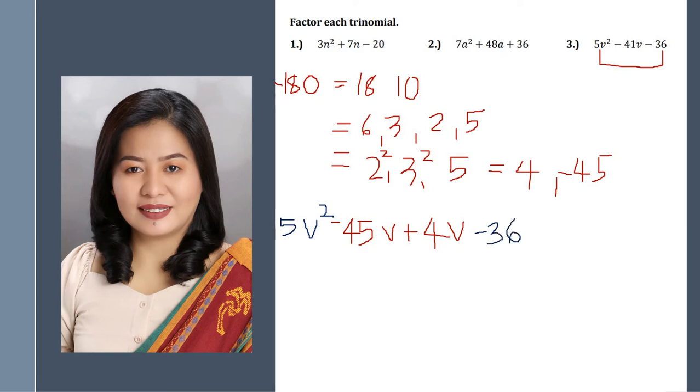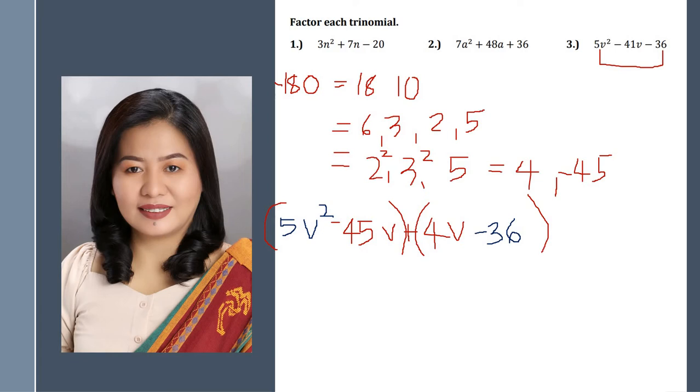Okay. So we will have to group them now. We group the first two terms and the last two terms, and we get the common factor.